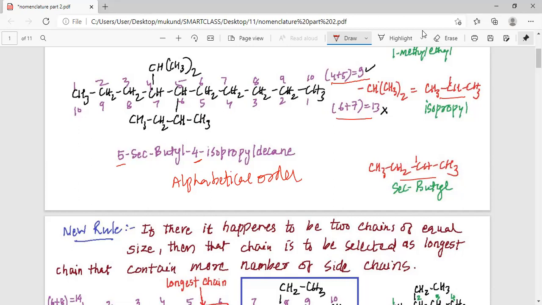So we follow the lowest sum rule. We follow the alphabetical order, and then we write the name for this compound: 5-secondary butyl 4-isopropyl. So this is isopropyl and this is secondary butyl, and then 10 carbons, so decane.